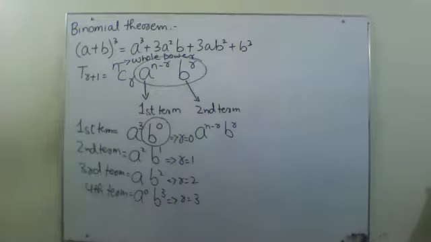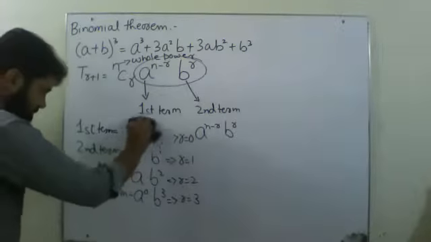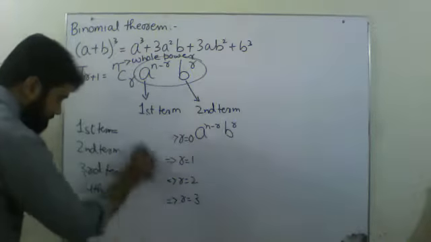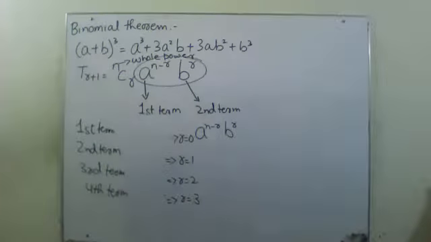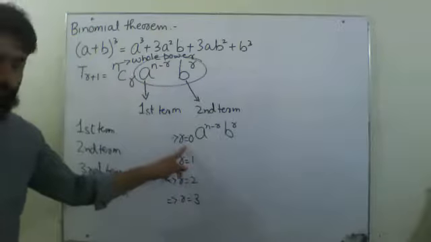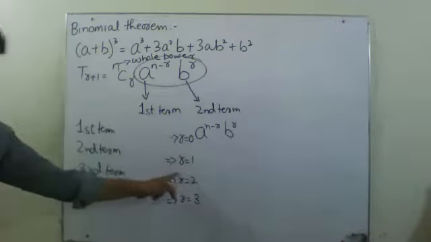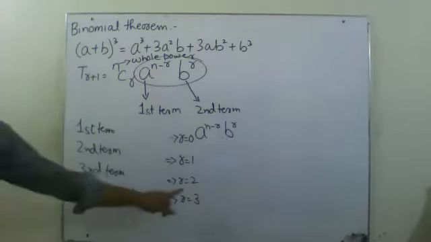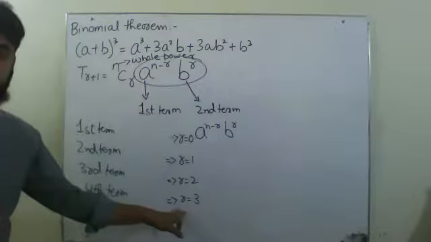Now, let's compare it with something else. First term, r will be 0. Second term, r will be 1. Third term, r will be 2. Fourth term, r will be 3.